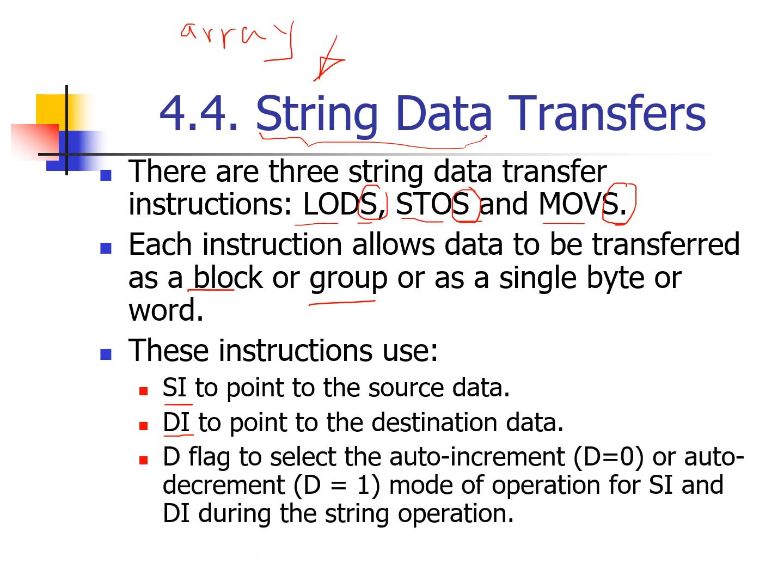Then we have to use the D flag, because in dealing with blocks of data, you can move forward by auto-incrementing the address or backward by auto-decrementing the address. This is done by storing either a 0 in the D flag when we need to move forward, or a 1 inside the D flag when we need to move backward.